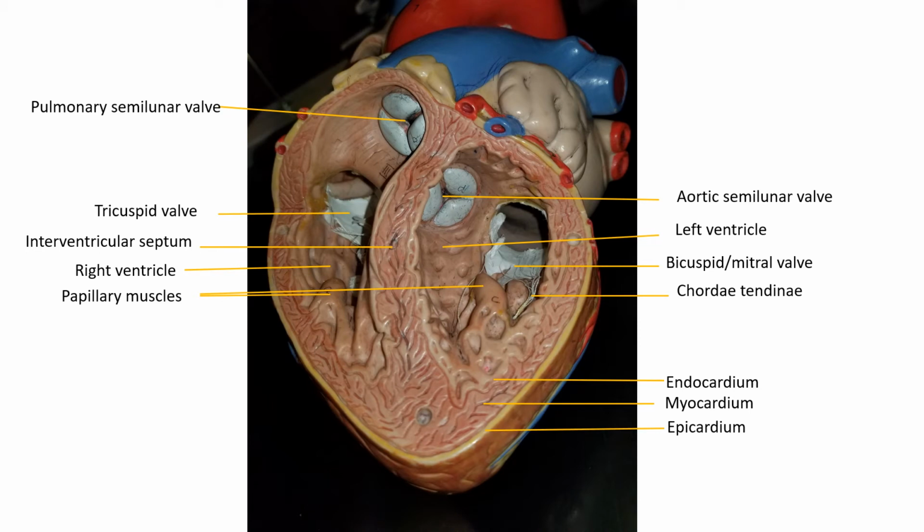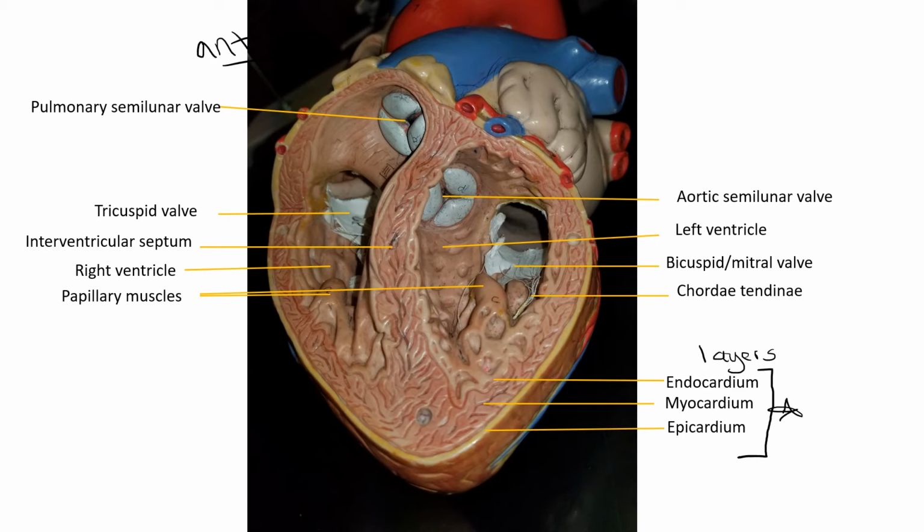All right, so opening up our heart here, we can see our different valves. We can still see these various chambers. And remember, this is an anterior view, so keep that in mind. I'm going to start over here in the bottom because I like these to start off with. These are going to be the layers of the heart.